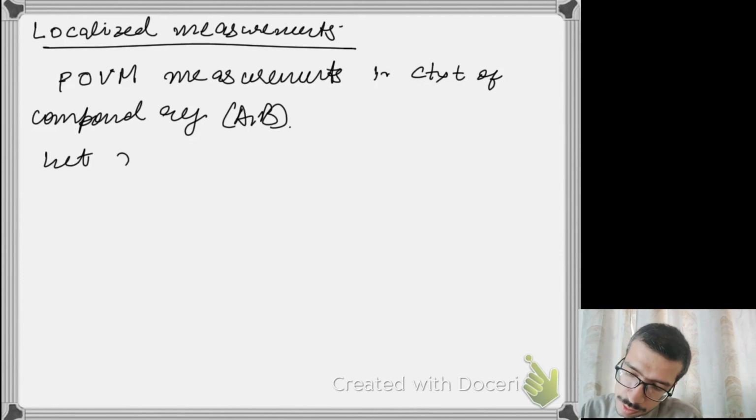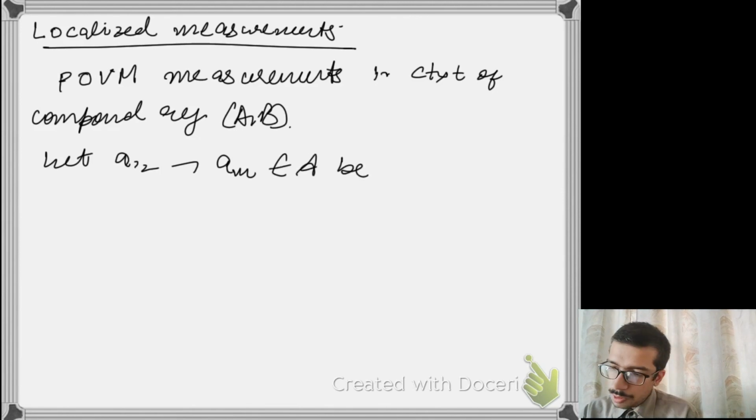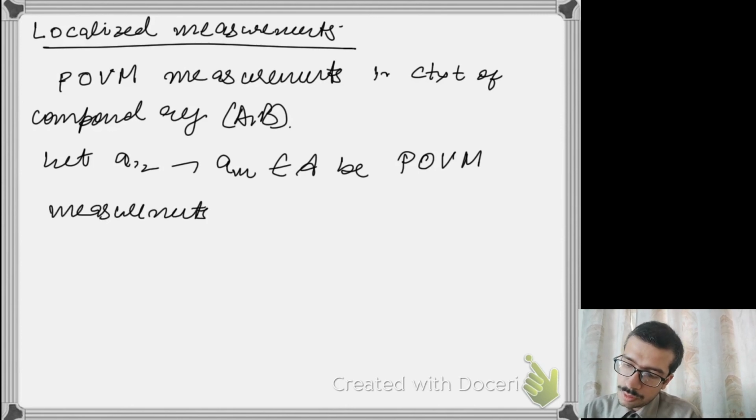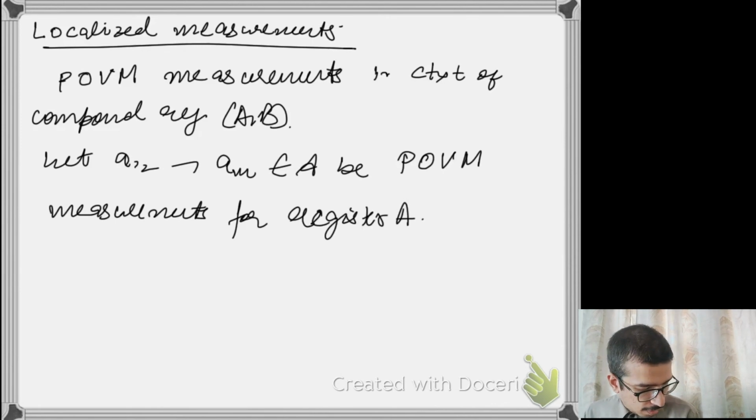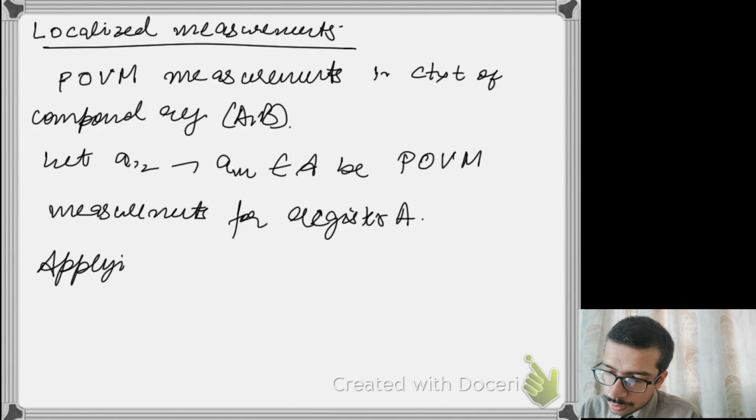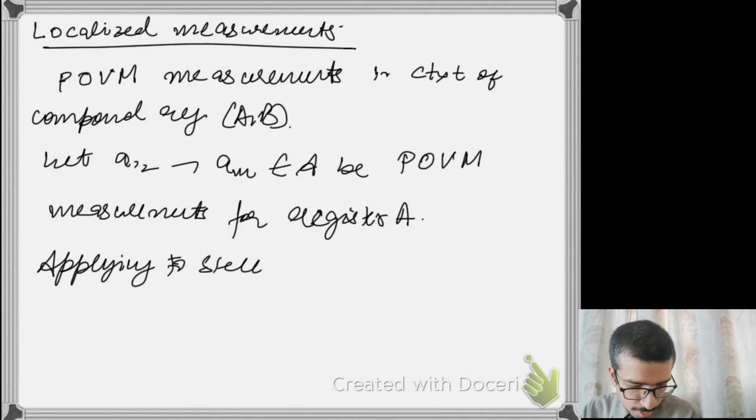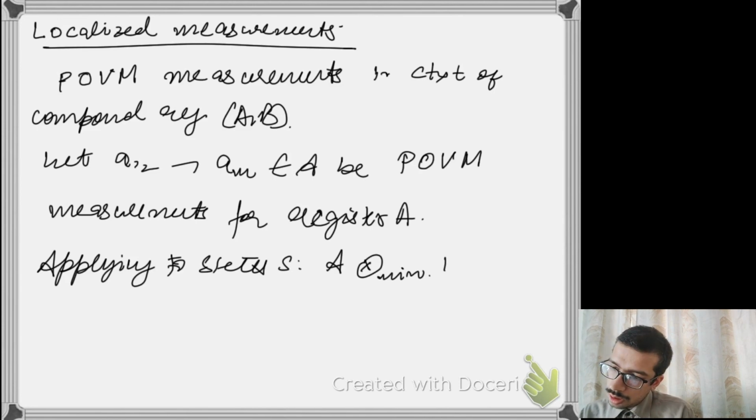Let A1 up to AM in A be POVM measurements for register A, and applying to states S from A tensor min B to C, we get a classical outcome.